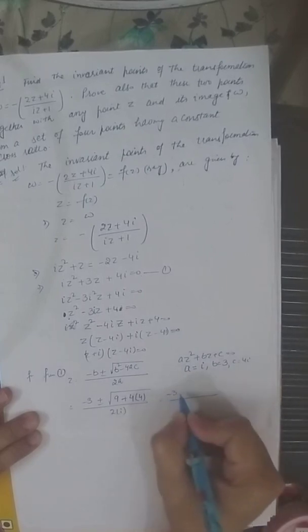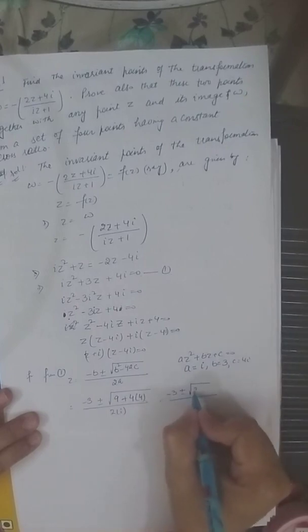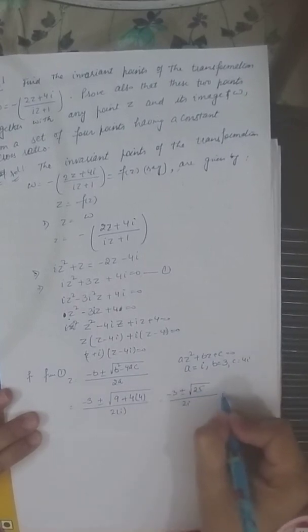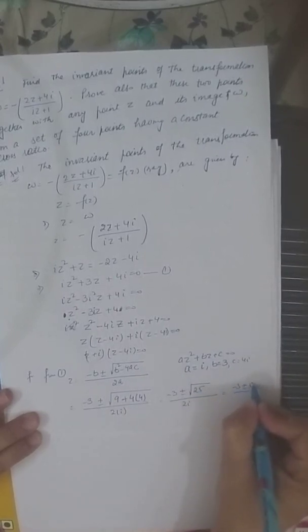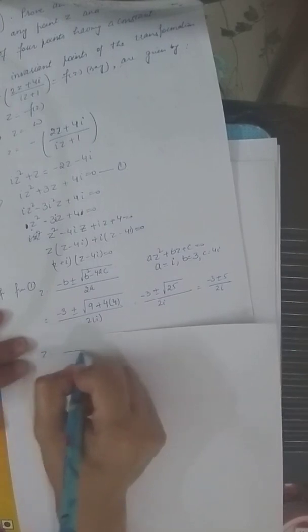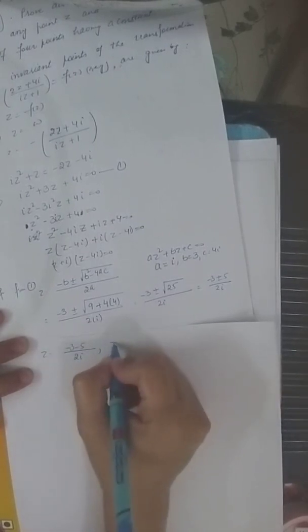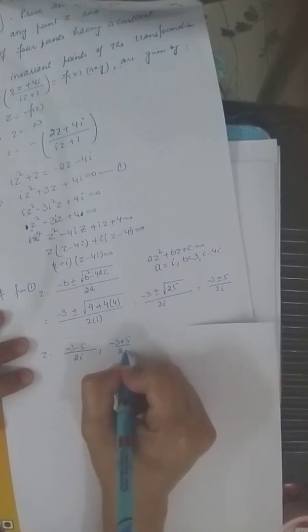This is equal to minus 3 plus minus square root of 25 over 2 iota, equal to minus 3 plus minus 5 over 2 iota. That is z equal to minus 3 minus 5 over 2 iota and minus 3 plus 5 over 2 iota.